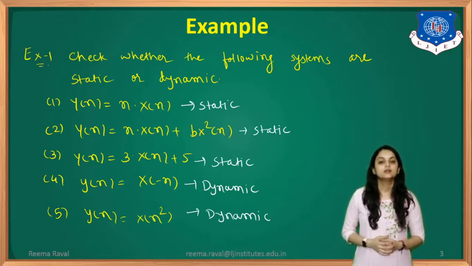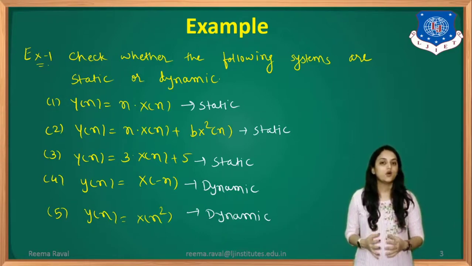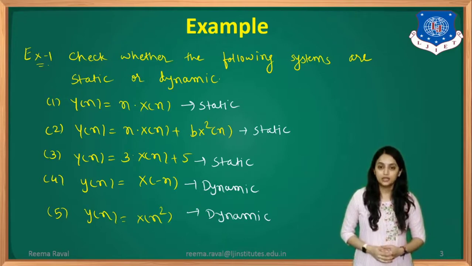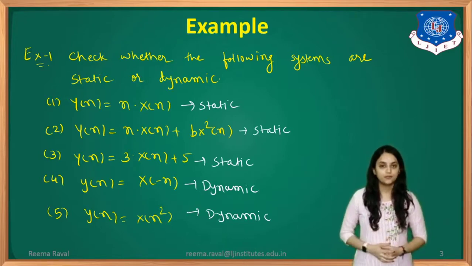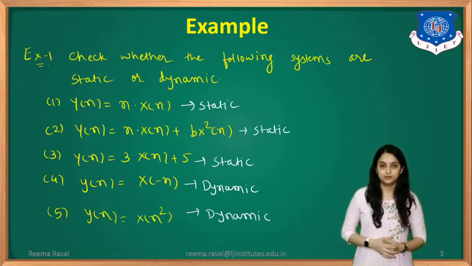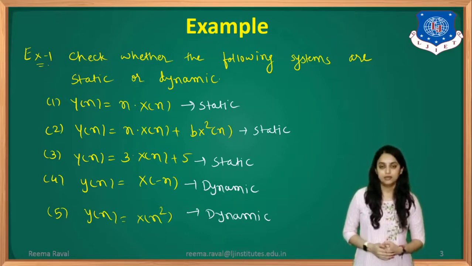If the system depends on the present values of input, it is called static, and if it includes any of the past or future values, it will become dynamic system. So in the first one, we have n into x of n. Here our input is x of n. In the bracket, we don't have any delay elements or advance elements. That's why we can say that this system is a static system.